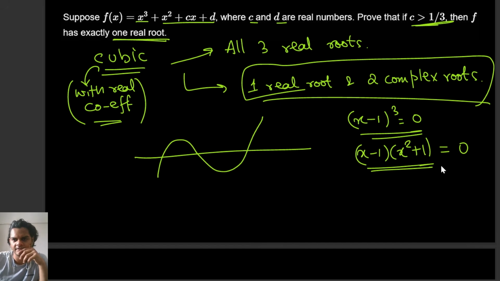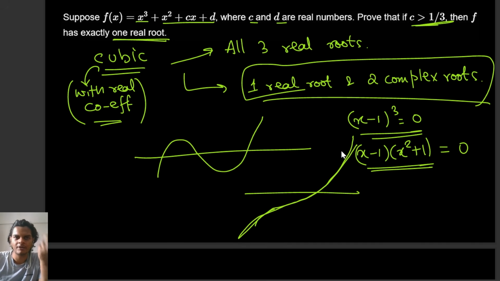This is a cubic, but it has only one root. So the graph of this would look something like this. It will be a strictly increasing odd degree function, and it will be intersecting only at 1. Both will be intersecting only at 1, but you see the difference?